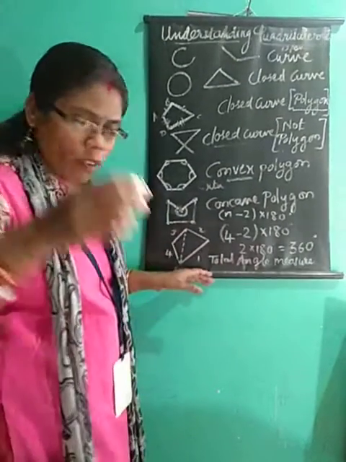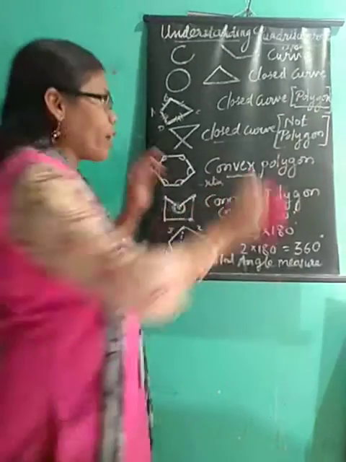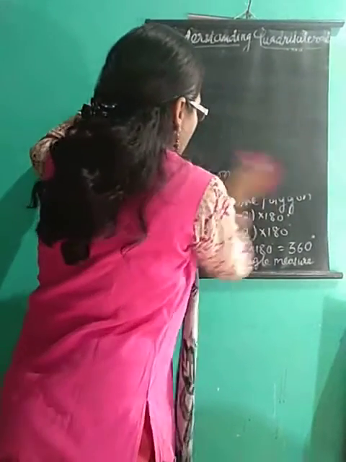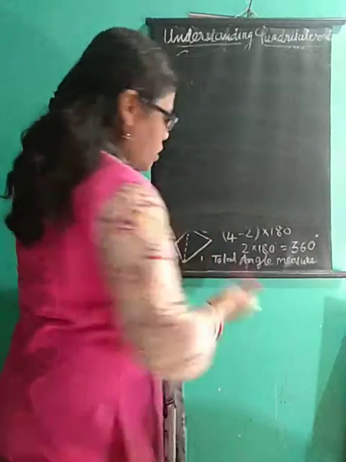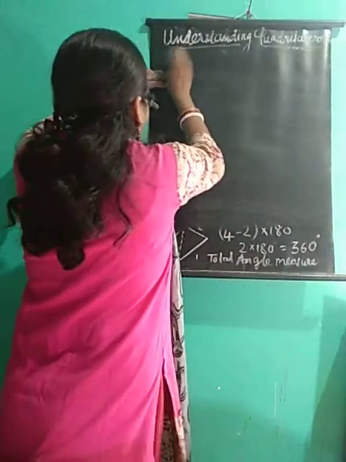Now you have different polygons. Polygons with 3 sides are called triangles. Different types of polygon. This is all simply convex polygon. I am talking about convex polygons.